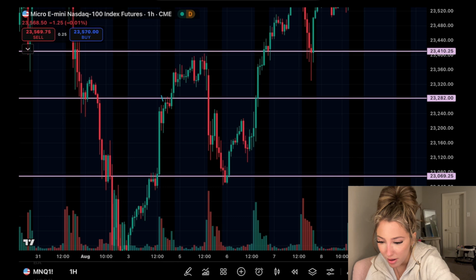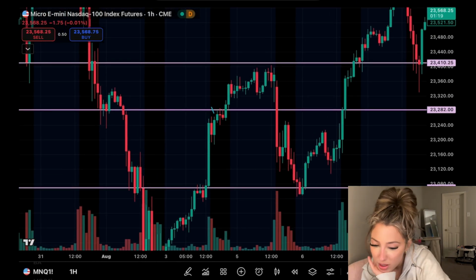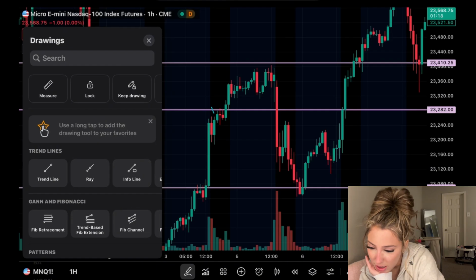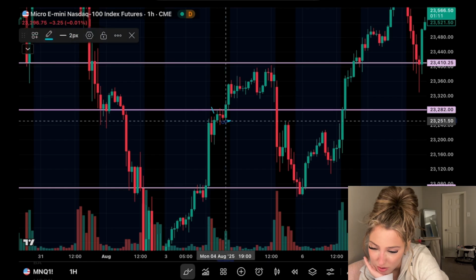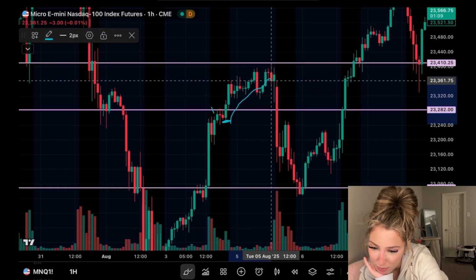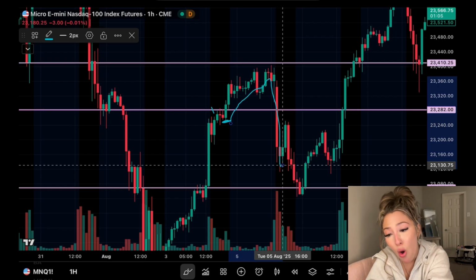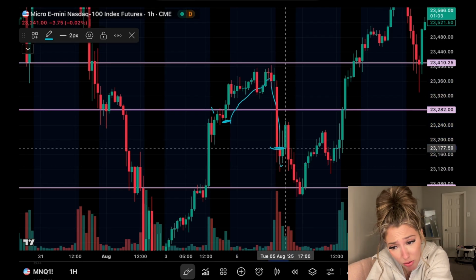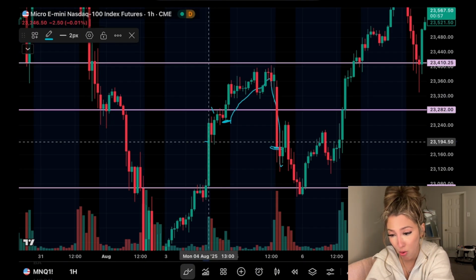Right here, you see this. Let's say you're in longs and you get smoked, okay? Let's say you enter here. This is your entry. You enter longs, you're up, you're up, you're up. Market open destroys you. When you see this candle close right here, first of all, your stop should be right here.